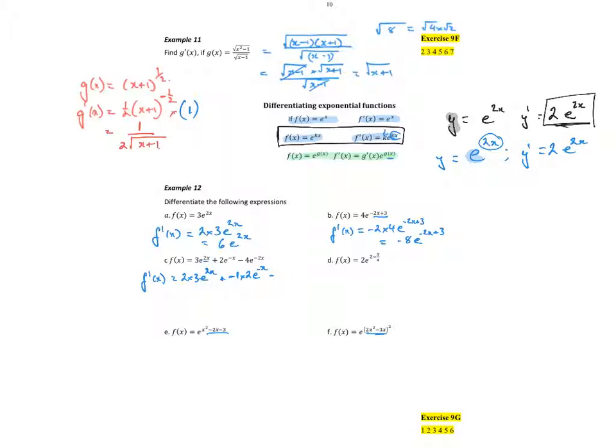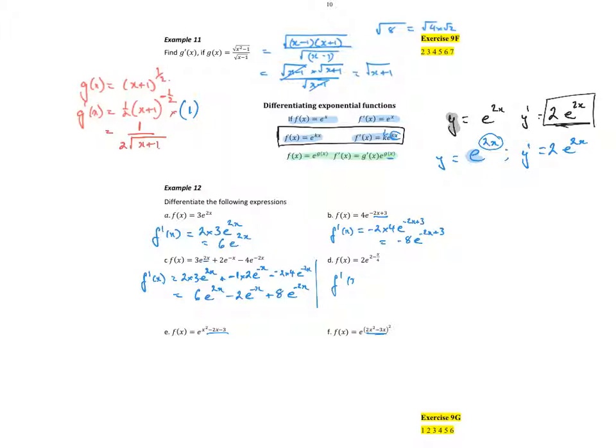So negative 2 minus 2 times 4 e to the minus 2x. Powers didn't change. 2 by 3 is 6e to the 2x minus 2e to the minus x plus 8e to the minus 2x. Yeah? And we just keep the same process.